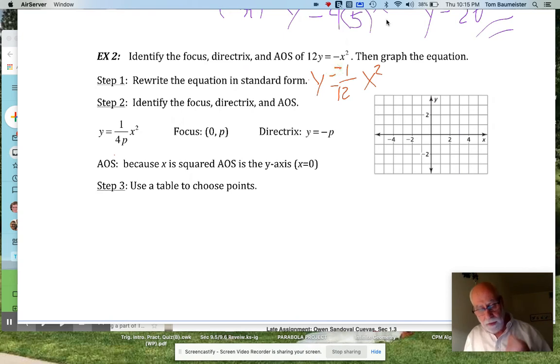So I'm going to have to literally attach that negative to that p, so I have 4 times negative 3 equals negative 12. So what I just told you there is that our p is equal to negative 3. So since our p is equal to negative 3, our focus is at 0 and negative 3.